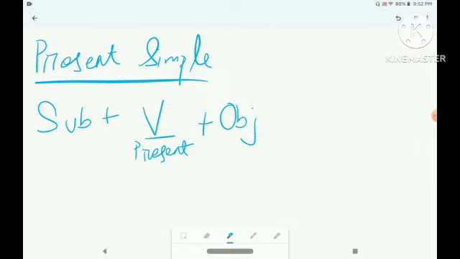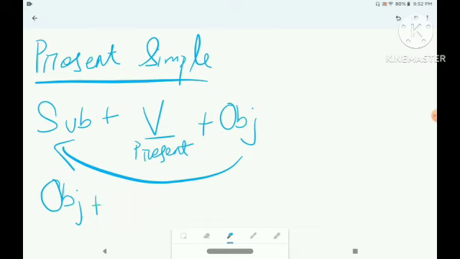So now if we convert this to passive voice, then we have to replace this object in the place of the subject. So first, what will be the structure? Object.